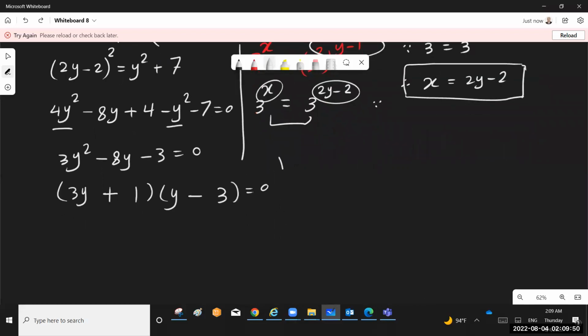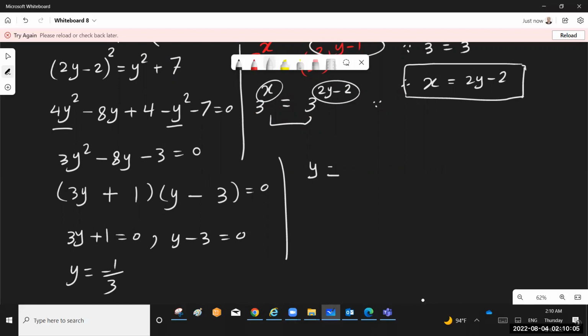So the corresponding values of y: 3y plus 1 is equal to 0, or y minus 3 is equal to 0. Consequently, y is negative 1/3, or y is 3.